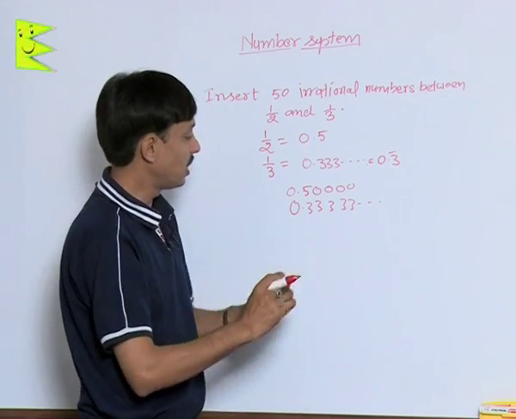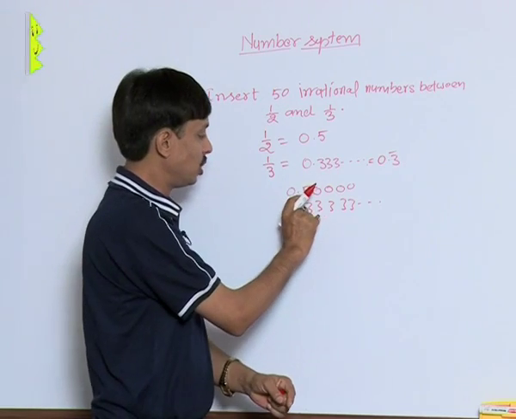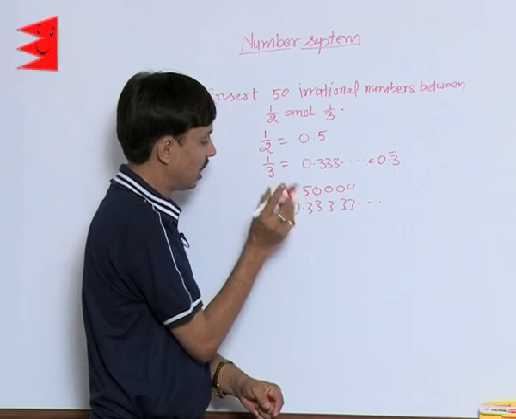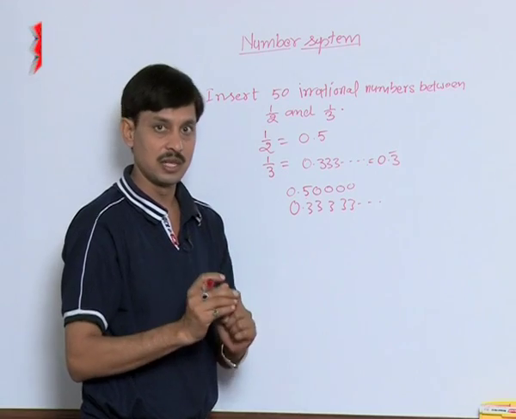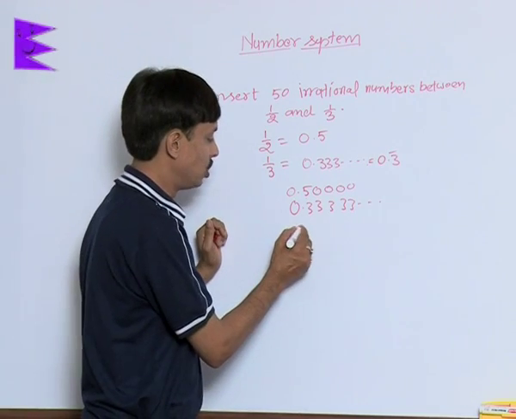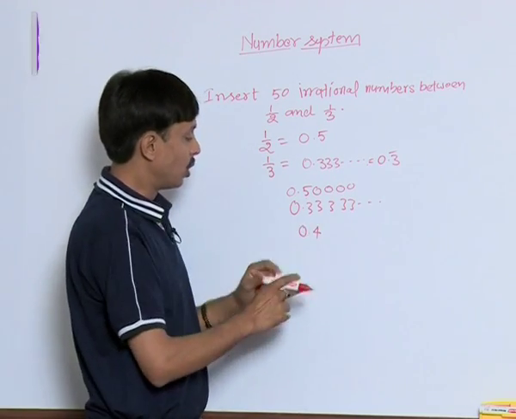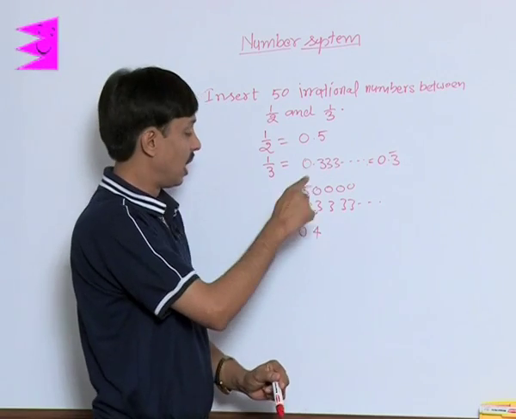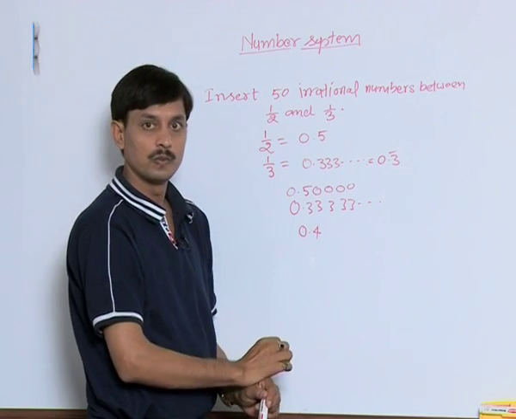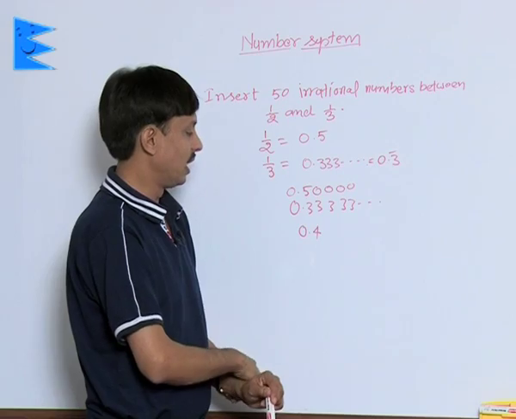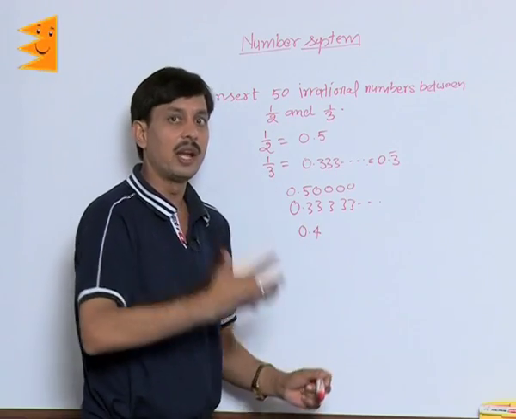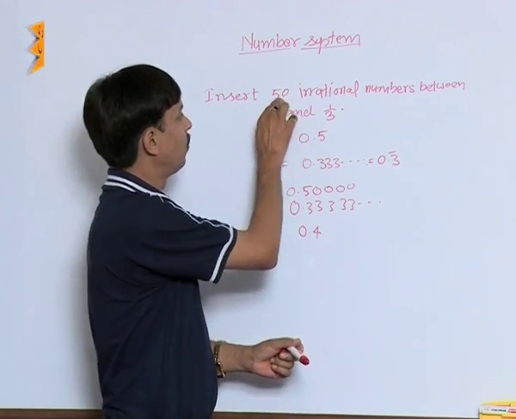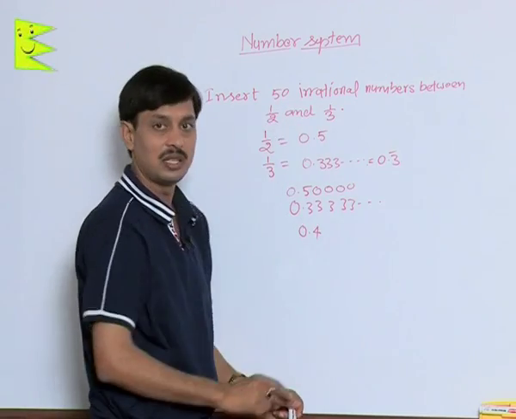The question is, what is a number between 0.5 and 0.3? Yes, a number is 0.4. 0.4 is a number lying between these two. Now I want to write how many irrationals? 50 irrationals.